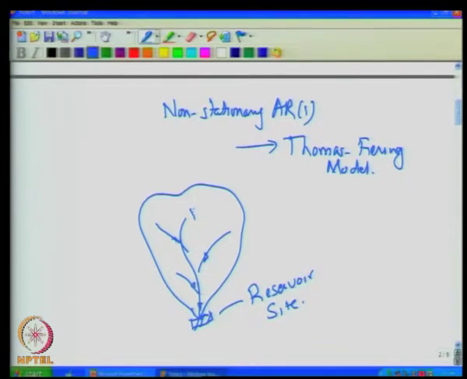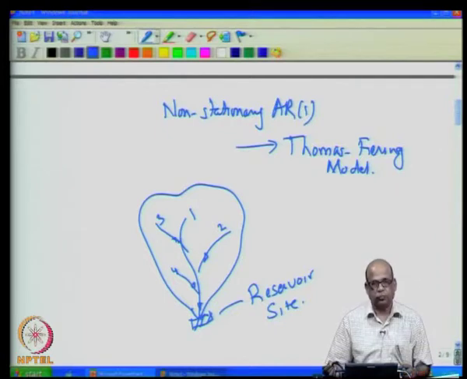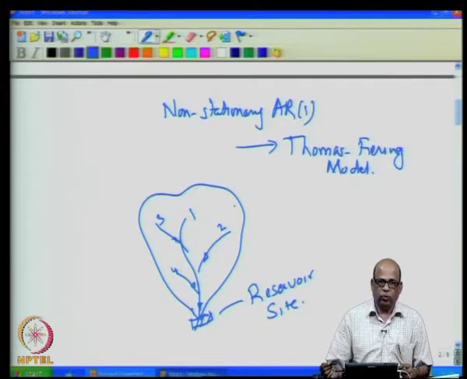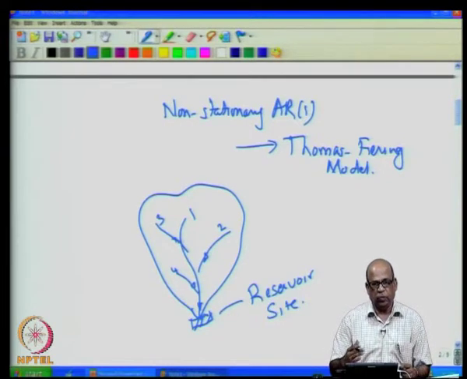So, you have 4 stream flows, 1, 2, 3, 4, and the actual flow at this location is the sum of 1, 2, 3 and 4. And you want to generate the data for making decisions on the reservoir capacity here, which means that you would like to generate data on 1, 2, 3 and 4 together.